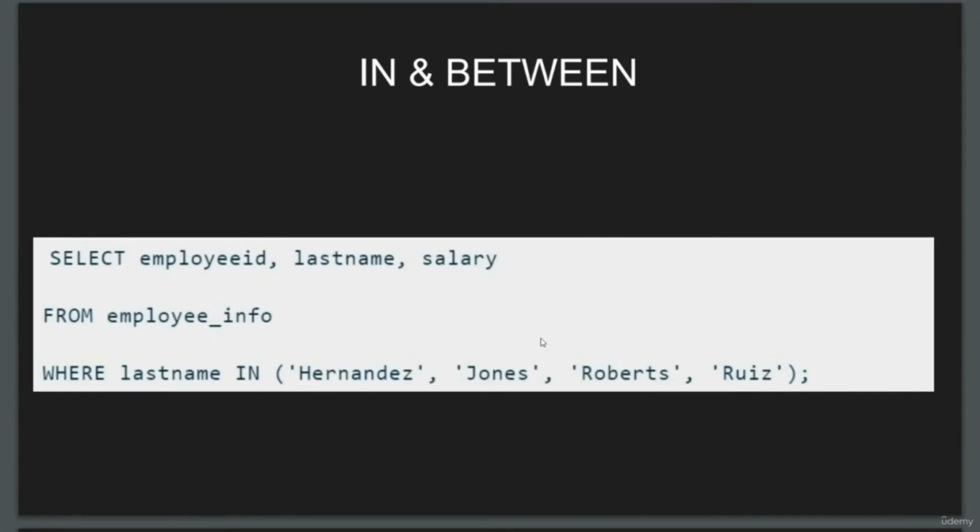Here is one example where we can see IN and BETWEEN. We are selecting three columns, employee ID, last name, and salary, from the table named employee info, where last name is in Hernandez, Jones, Roberts, or Ruiz.